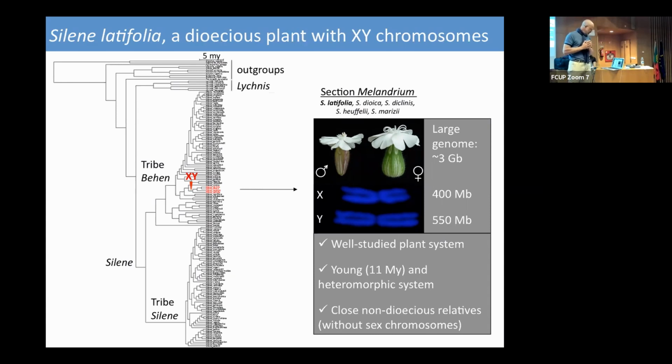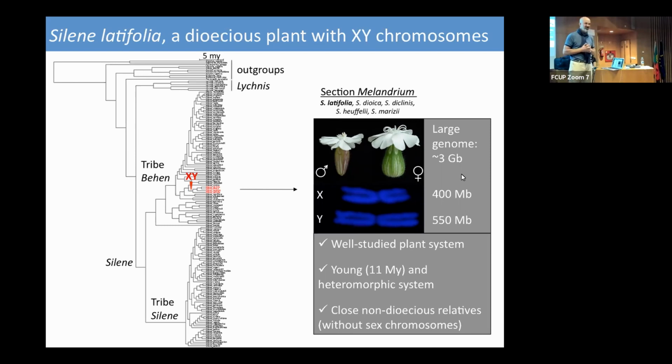And the system is quite young, 11 million years old, but it's already heteromorphic. As you can see here, the Y chromosome is larger than the X chromosome. It's a very nice system. The problem with this plant is the size of the genome. It's a very large genome. It's 3 gigabases long.